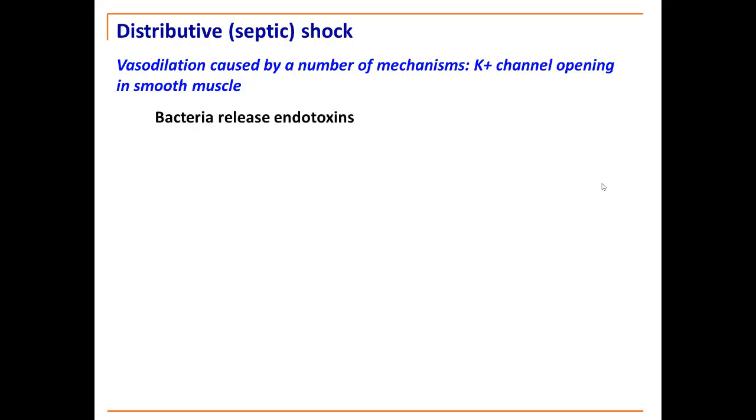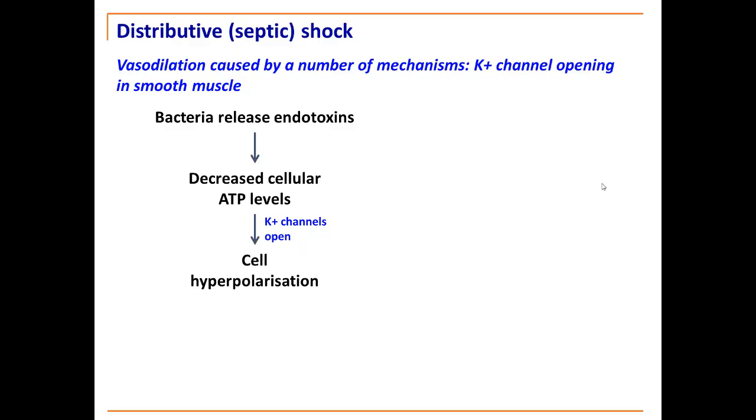So how does this work? Well, the bacteria release a variety of endotoxins. This leads over time to decreased cellular ATP levels. That means the potassium channels start to open and you get cell hyperpolarization as potassium leaks out of the cell down its concentration gradient.